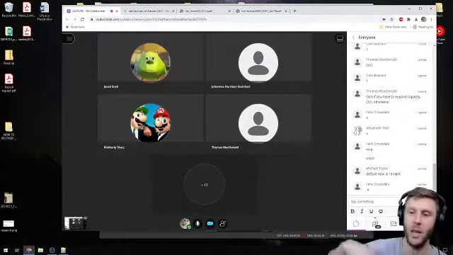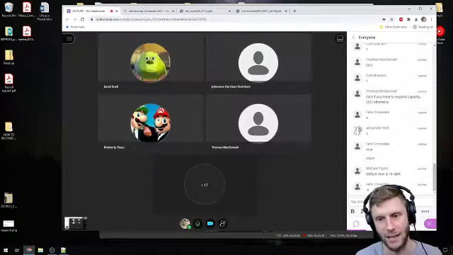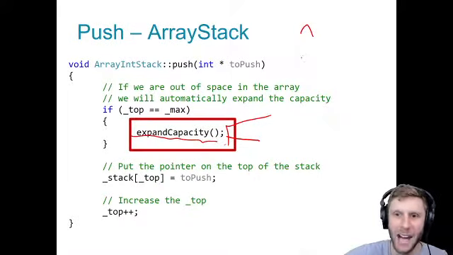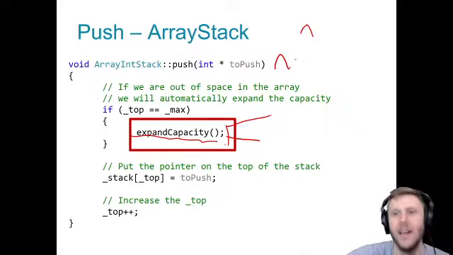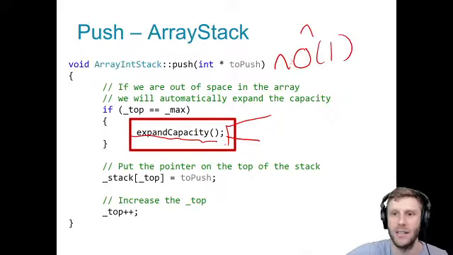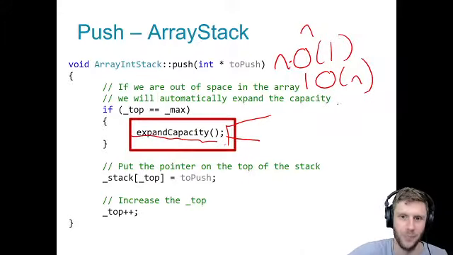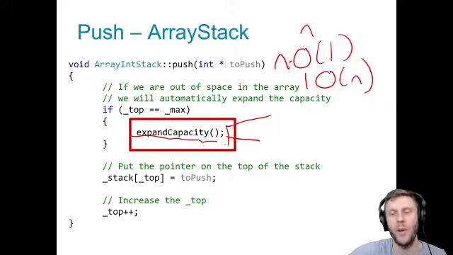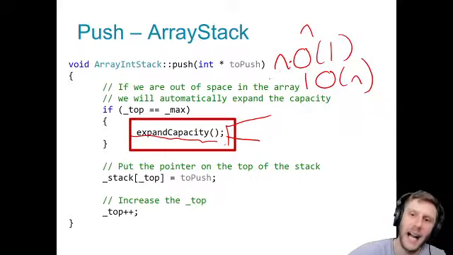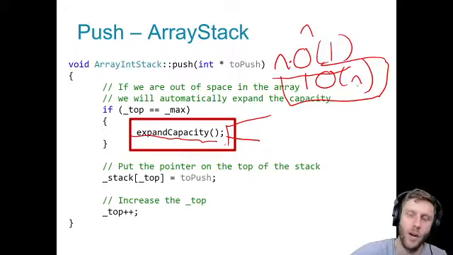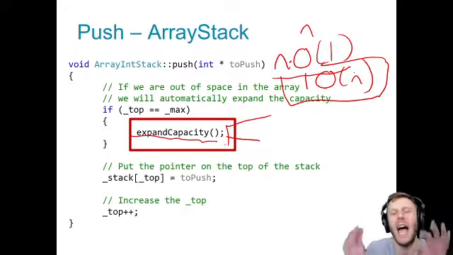If it's size 100, we could put 100 things in it. If it's size 1 billion, we could have 1 billion things in it before we have to expand capacity. So we actually get n order 1 operations before we have to do 1 order n operation. This is the order n operation. What we'll often do is take all of this work, the fact that we have 1 order n operation, and amortize.